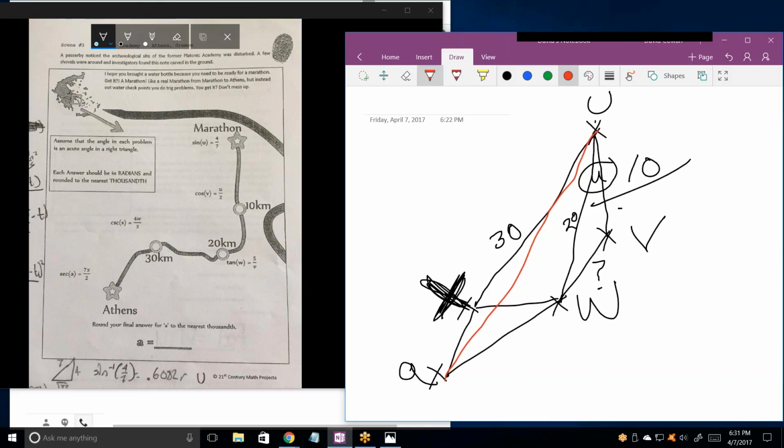And same thing for w. You can solve for w because you've solved for v already. And once you solve for w, you can solve for x. And once you solve for x, you can solve for a. So all of these involve taking the inverse trig function of what's on the right side of the equation.